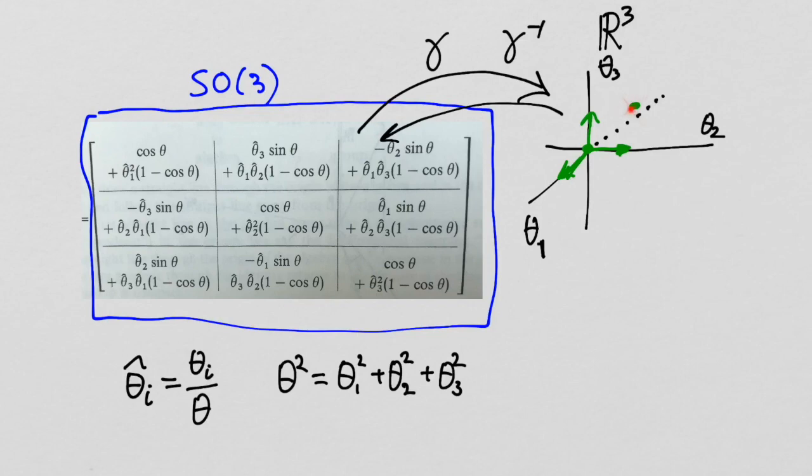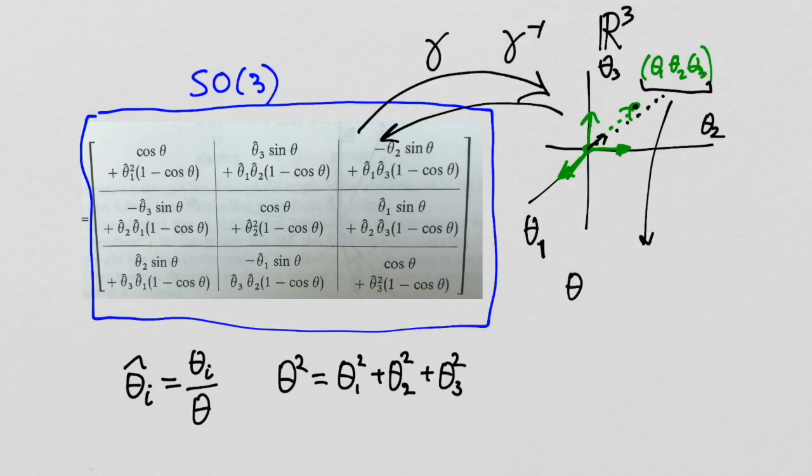Every point in this space is going to be represented by a little vector made up of these unit vectors. If I pick a point located at theta 1, theta 2, theta 3, under these assumptions I can ask what direction this point is from the origin.